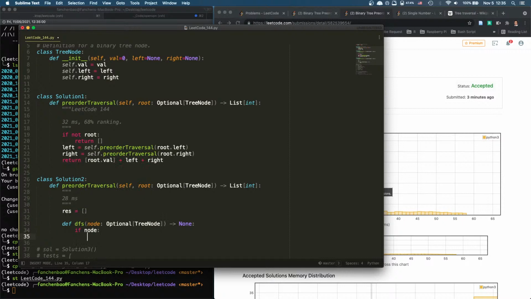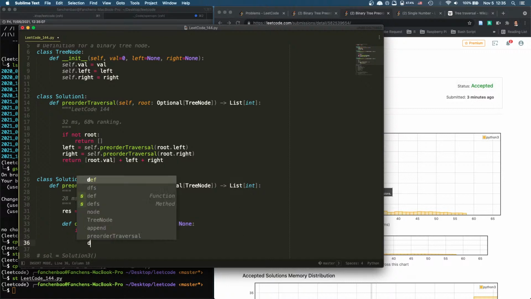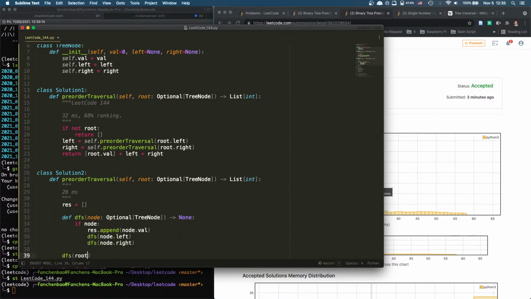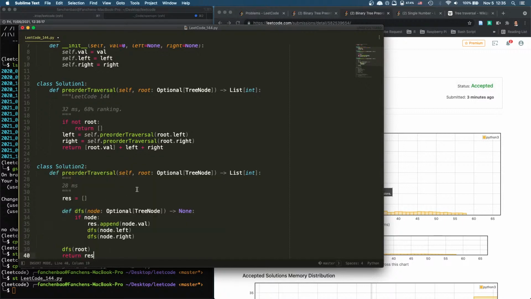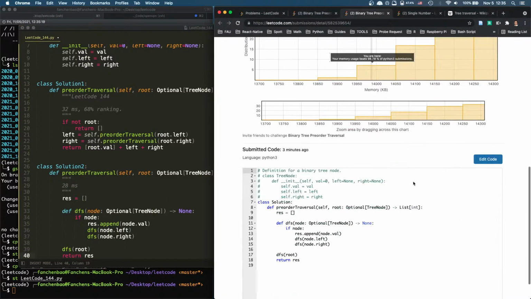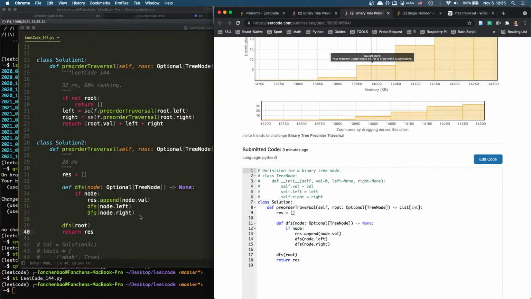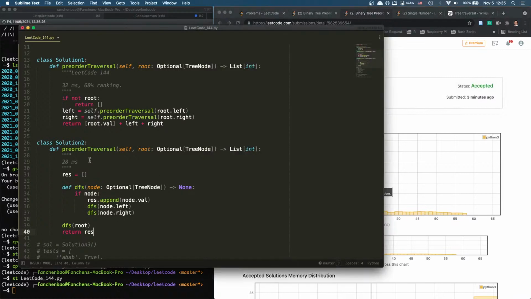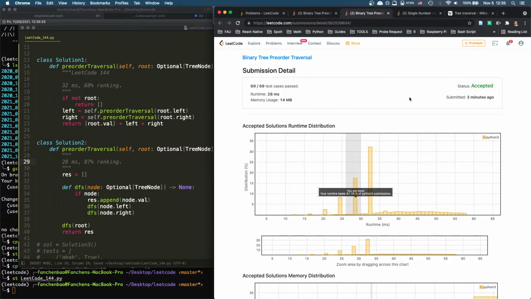If node, rest.append node.val, and then DFS node.left, DFS node.right. Call DFS on root, and return rest. Right, let's see. Yep, and this one is 87. Okay, so that's that.